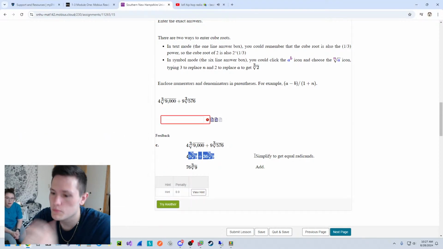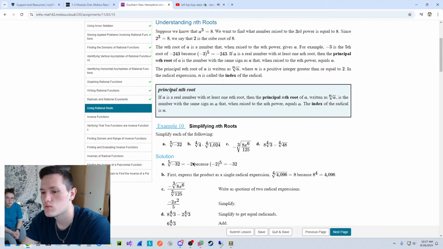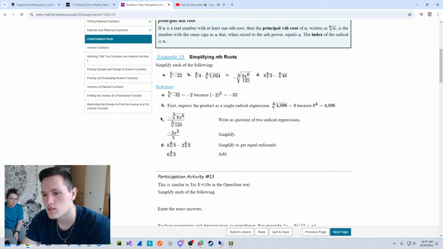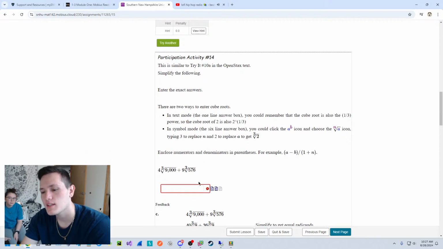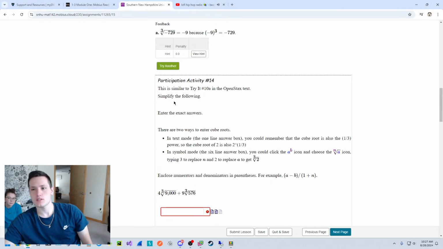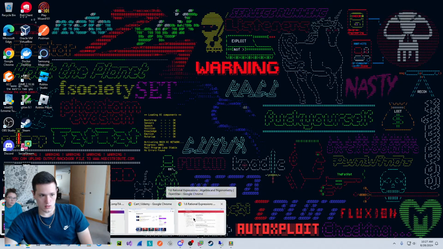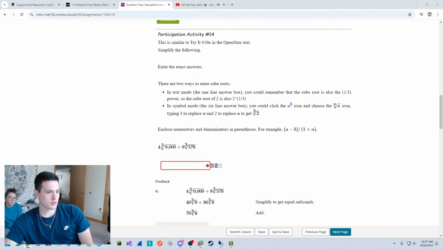So in order to simplify these, what do you need to do? How do you simplify these? The thing is I'm trying to go back in the textbook and look, but it kind of makes it confusing. I don't know where this is at.